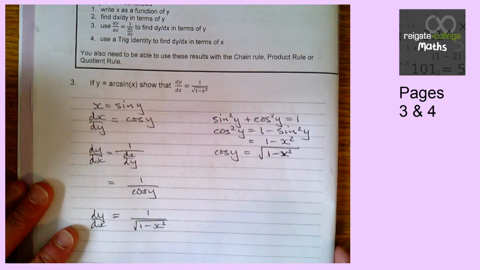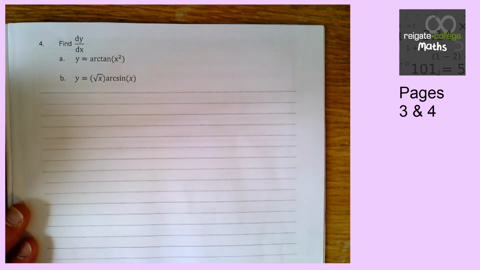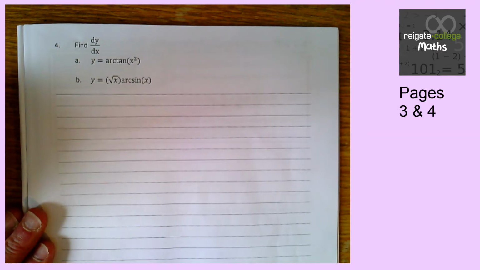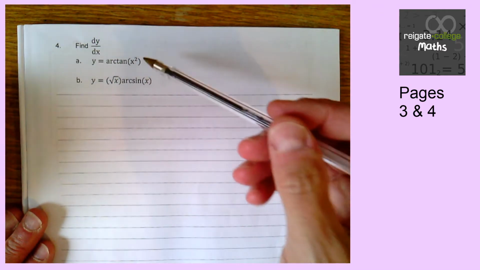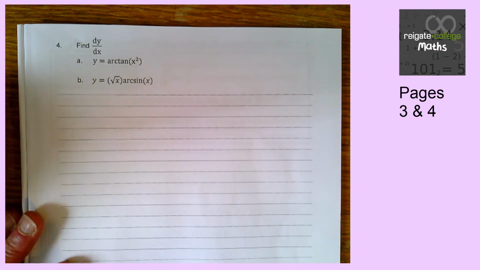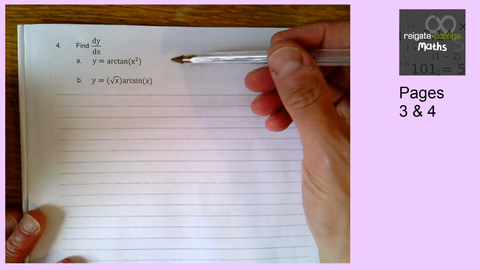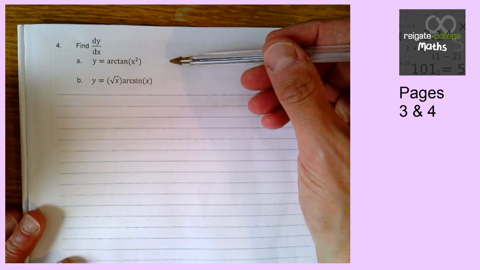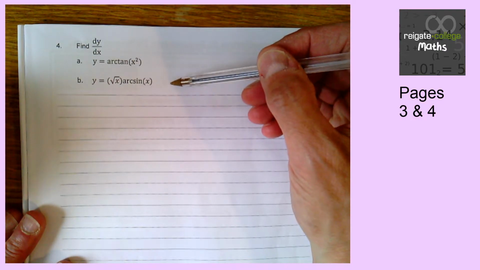Now, going on to page 4, we've got 2 questions here where we're asked to find dy by dx. Each of these, it certainly looks like we're going to use the results that you've seen on the previous page. So these are not questions that you will be asked to do in your Maths A level.